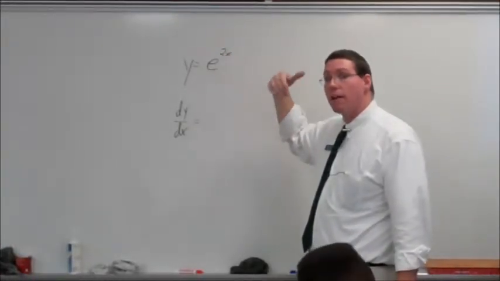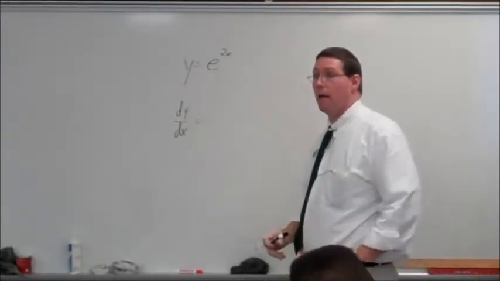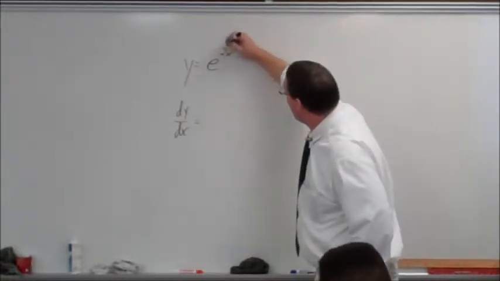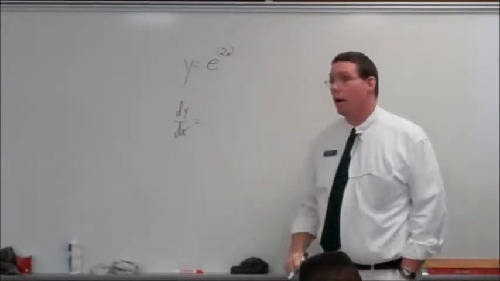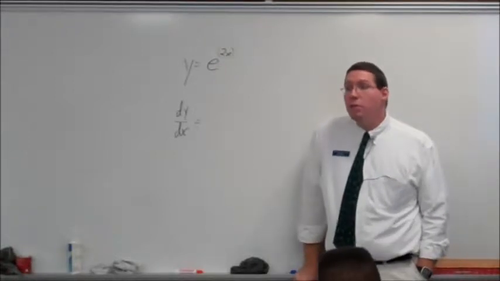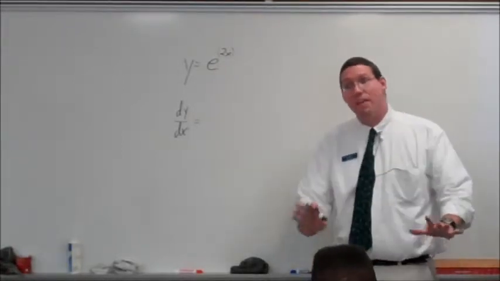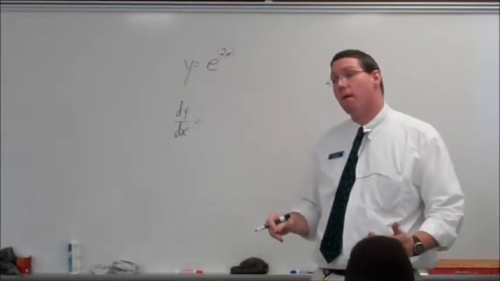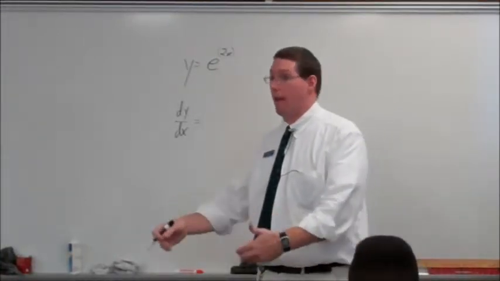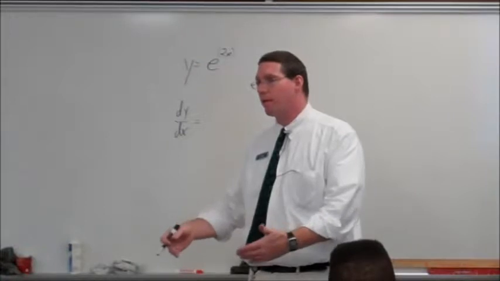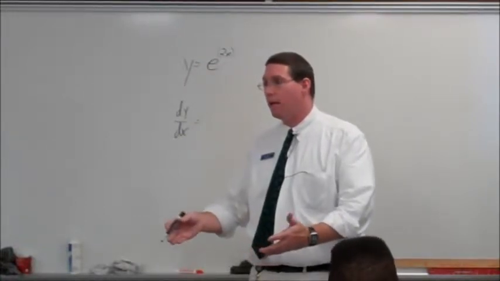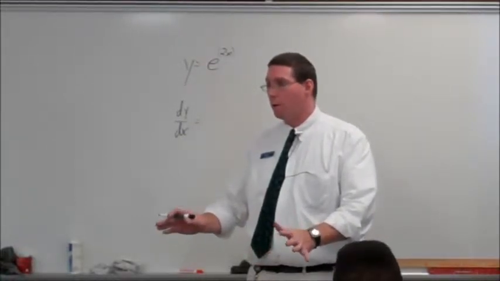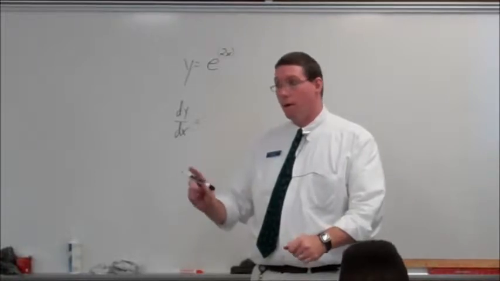But are there any other rules that we're going to have to apply? This is e to the power of something other than just x. And isn't that one of the ways that I told you can identify what rule? No, not product rule.